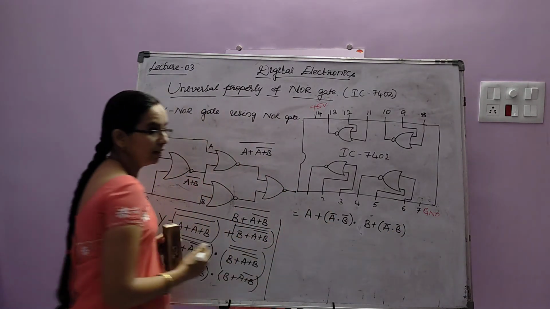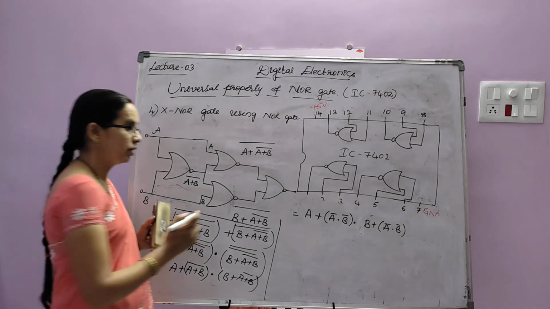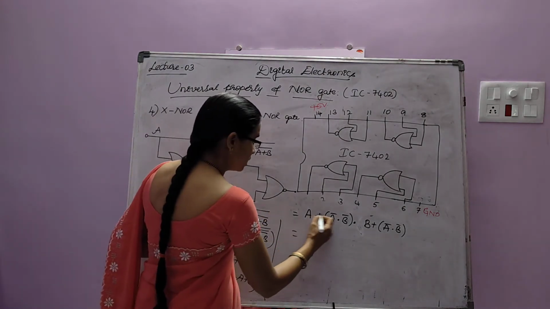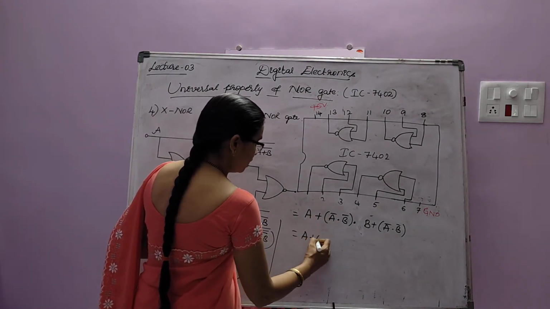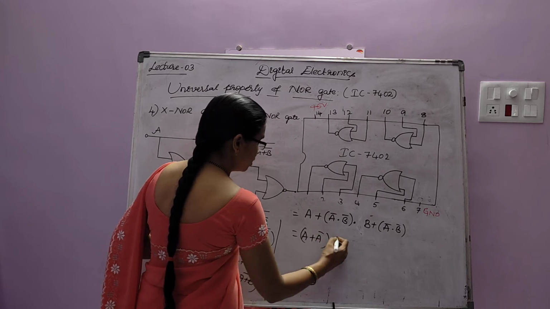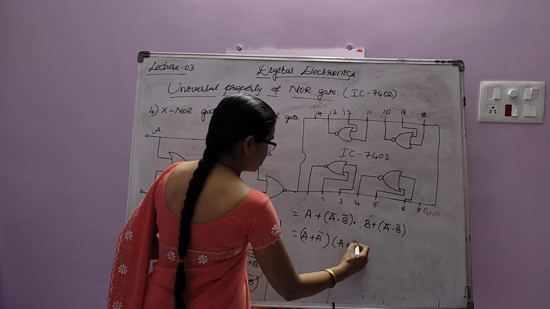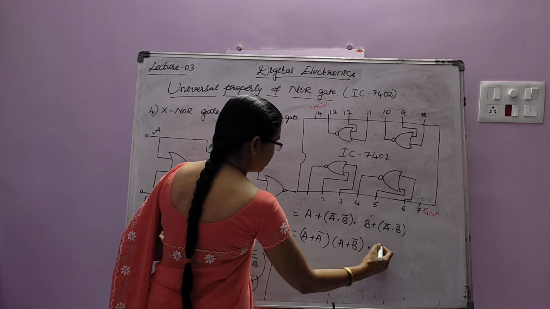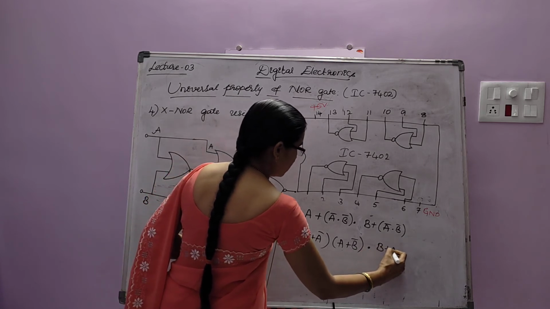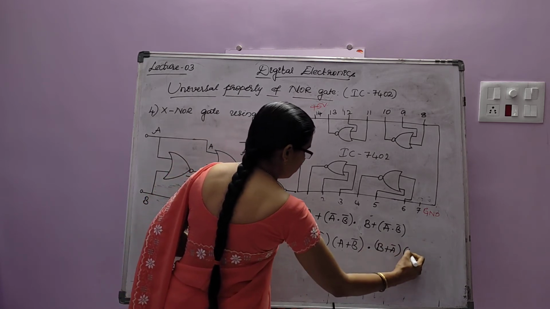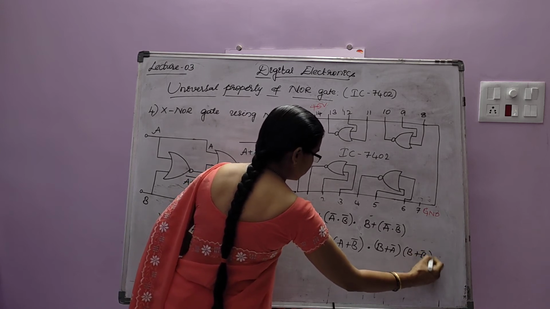So if I expand this using the distributive property of Boolean laws, A plus A bar, A plus B bar dot B plus A bar, B plus B bar.